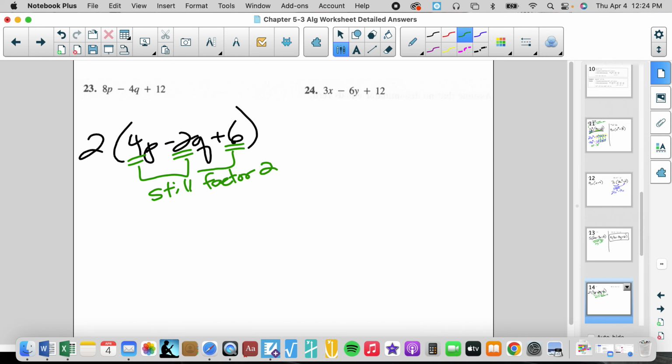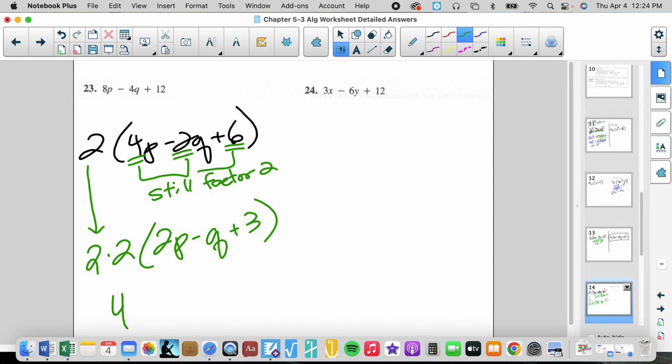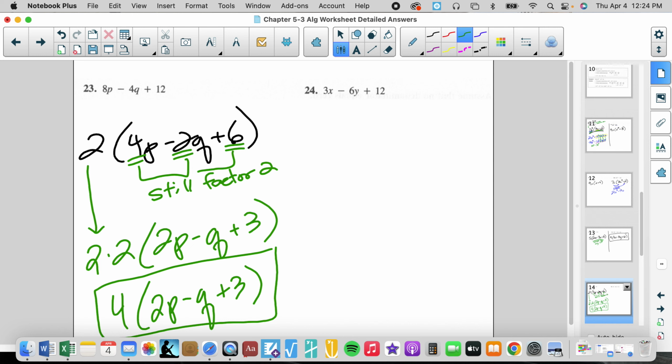So I would need to factor out another 2, and I would still factor out a 2 to get 2p minus q plus 3. Now I notice, so my answer is 4 times the quantity 2p minus q plus 3. This is the answer. So you got to make sure that you factor out the GCF.